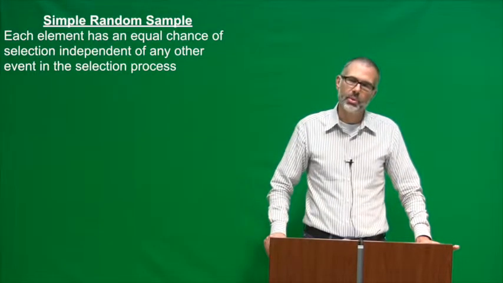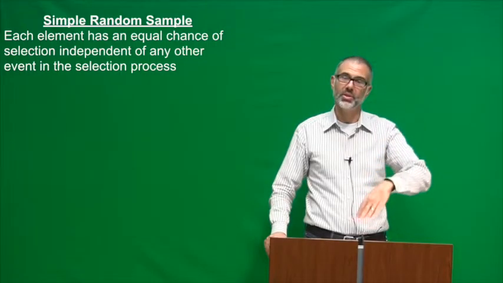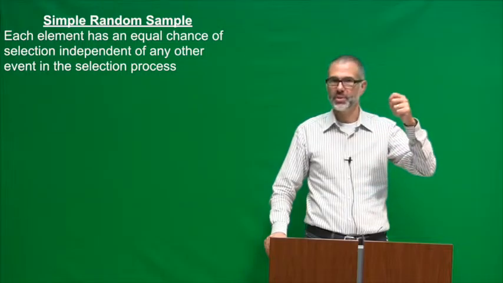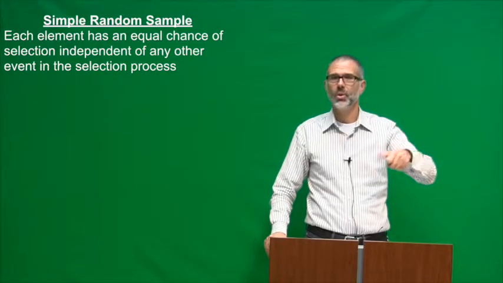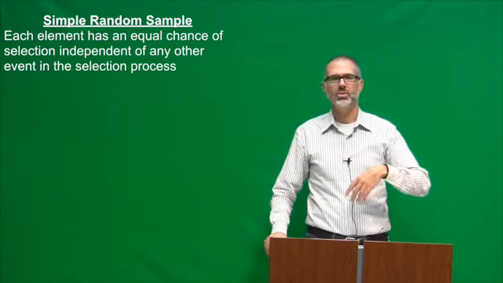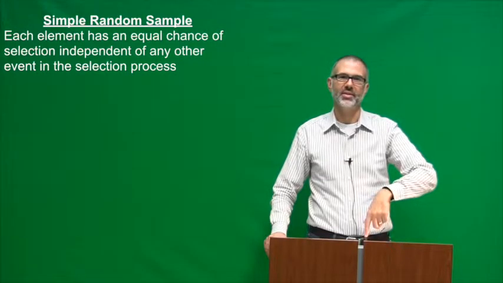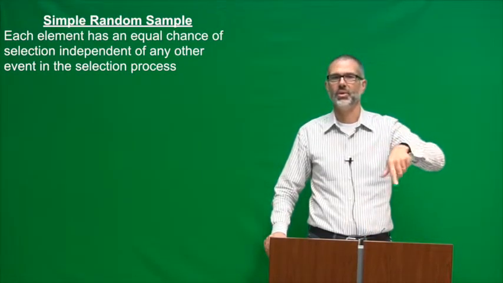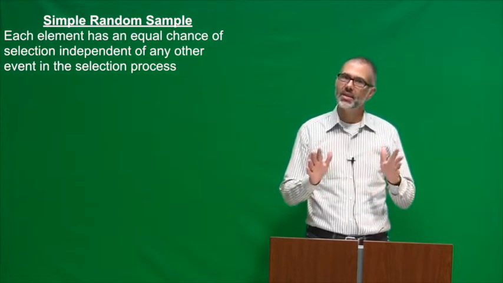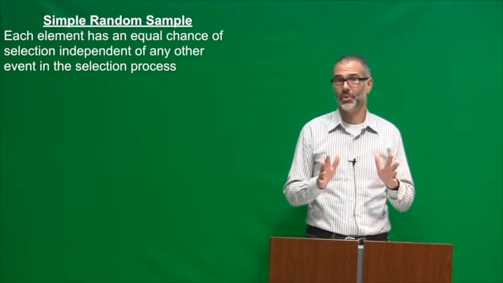In a simple random sample, you take a group of elements that you want to sample from, and you randomly assign a number to them, whether it's through the flip of a coin, heads, tails, or a random number generator, and I can use odds, evens, or I could create random numbers from 1 to 1,000 and select 1, 10, 20, 30, 40. There's a variety of different ways I can do this, but the key in a simple random sample is that all of the elements have an equal probability of being sampled.